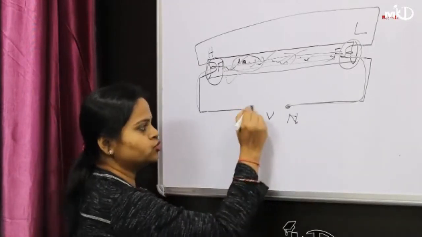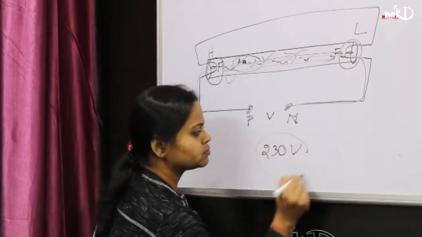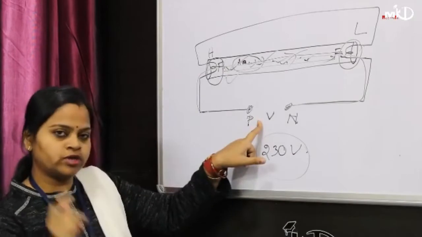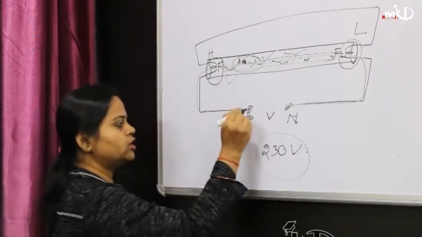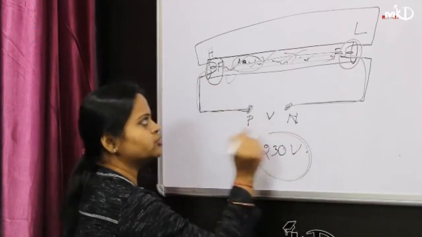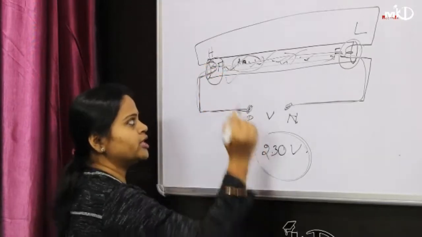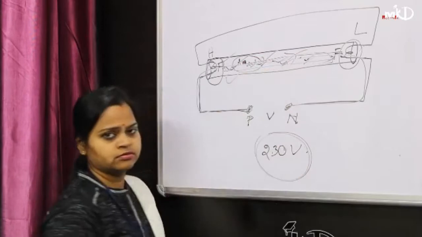What is your household supply voltage? Simply 230 volt. We get 230 volt on the supply side in your meter box. When we connect this light with this voltage only, this much voltage is not sufficient to energize these materials.